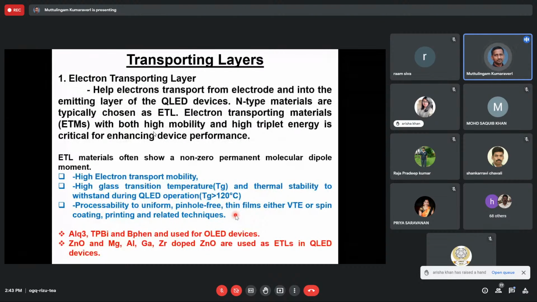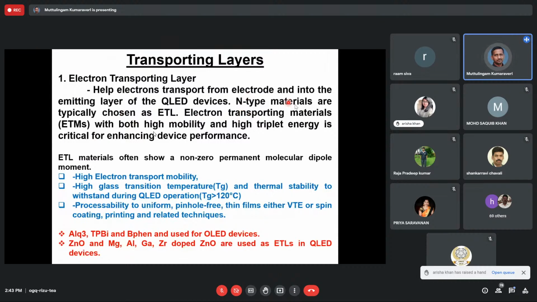Okay, the first transporting layer we are going to talk about is the electron transporting layer. This helps electrons transport from the electrode. We did say cathode to anode is sometimes where we are going to connect; it might change. So it transports electrons to the emissive layer.